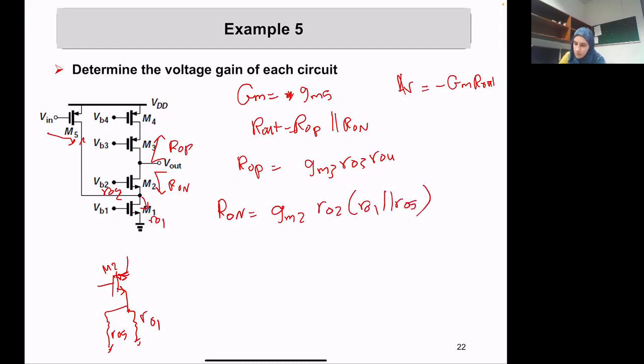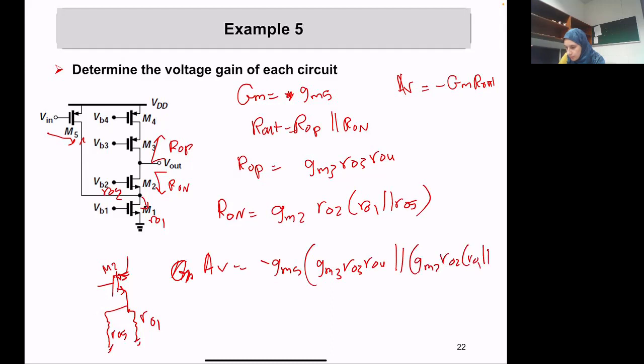So the overall gain is AV equals GM4 R out 4 parallel with GM2 R out 2 R out 1 in parallel with the R out 5.